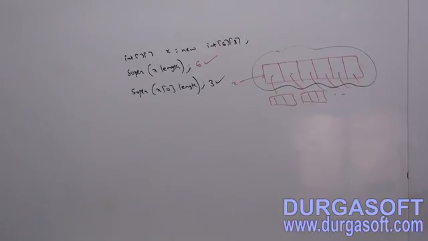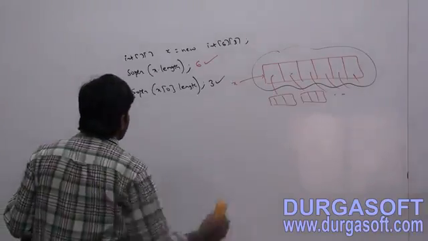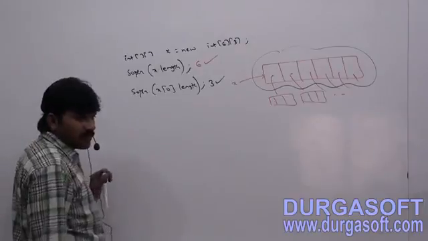Completed, I hope. SOP of x dot length is 6, x of 0 dot length is 3.